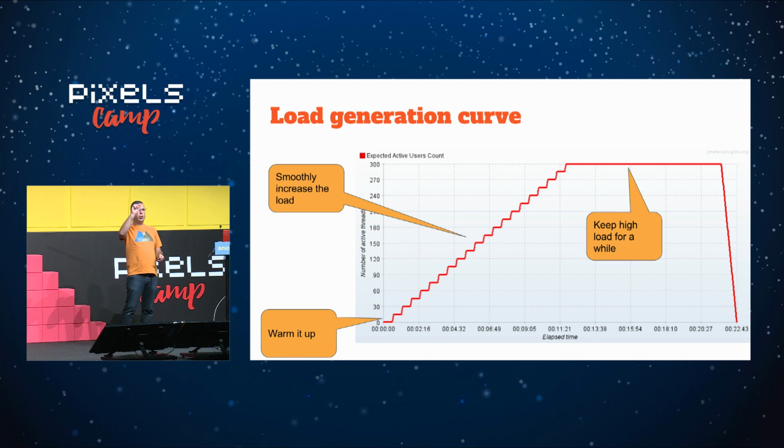And when we reach the highest number that we planned for, we keep that number of users for longer periods, something like 10 to 15 minutes would be okay, so that we can track how our application behaves under heavy load for a longer period of time. Especially in near-production scenarios, I tend to use this curve because I want to see how the application will scale as I push more load into it.